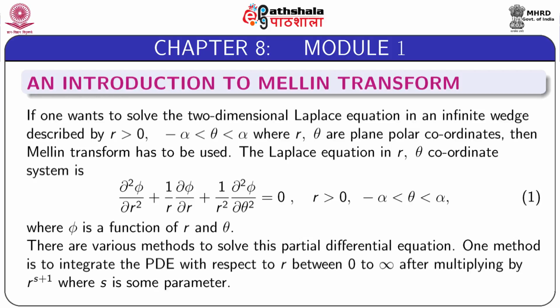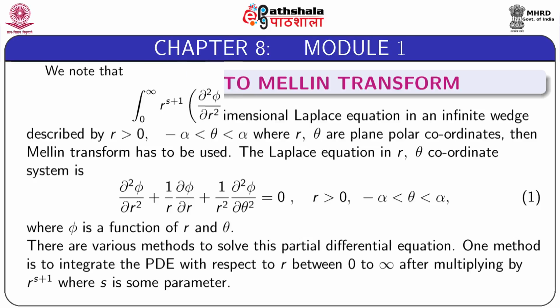One of the methods is to integrate this partial differential equation given by 1 with respect to r between 0 to infinity after multiplying both sides by r to the power s plus 1, where s is some parameter. That is, we multiply equation 1 on both sides by r to the power s plus 1 and integrate with respect to r from 0 to infinity.